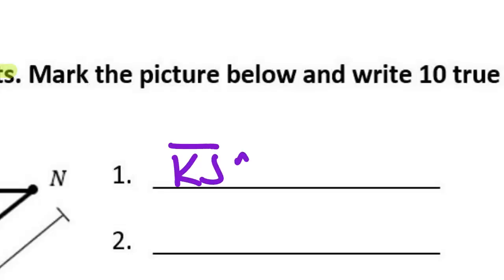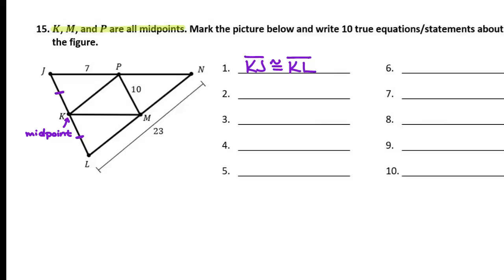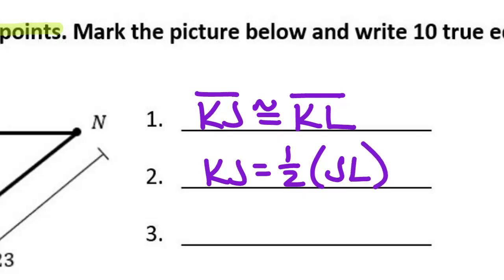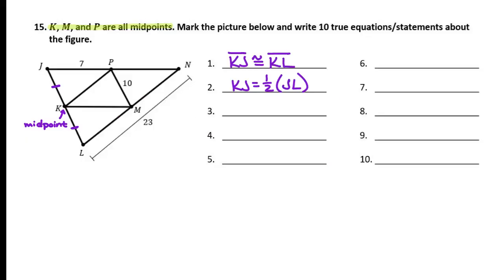Segment KJ is congruent to segment KL. Or I could even write down that segment KJ is equal to half of segment JL. So that would be another thing that I could say.